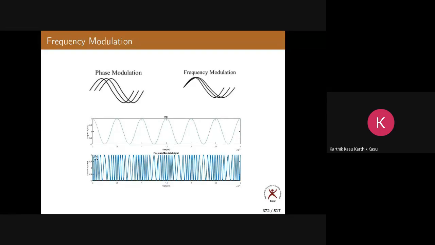So here the frequency of the carrier is maximum. How can you say like that? Because here the carrier waveforms are very close to each other. Now it is decreasing. Here it is decreasing.